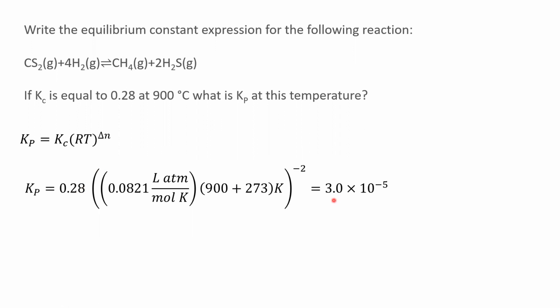And there are no units for Kp, just like there are no units for Kc. And for Kc, oftentimes there's no subscript here. It could say EQ. Oftentimes that's just assumed, and C is oftentimes assumed. But P, if you're talking about in terms of partial pressures, that has to be there.